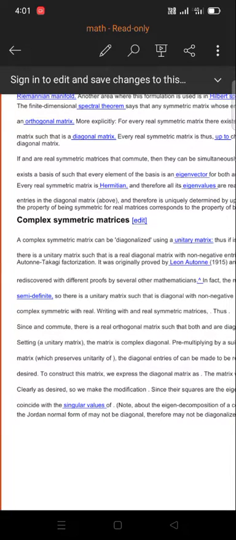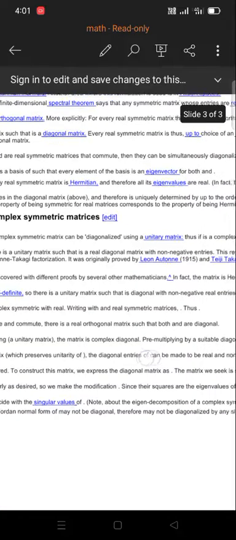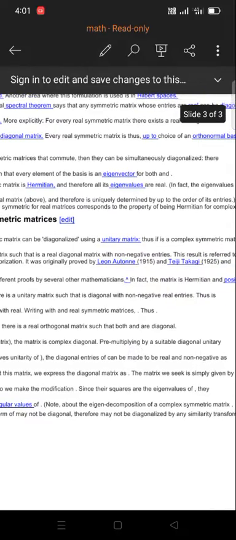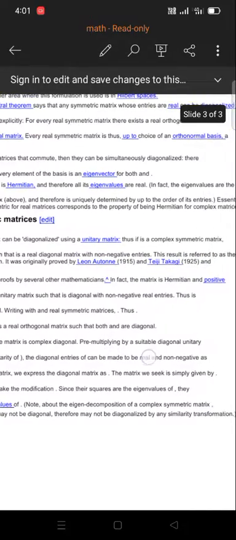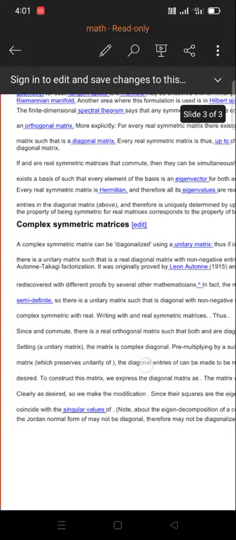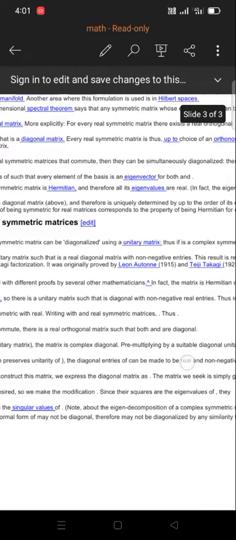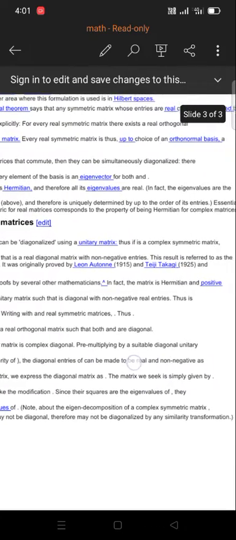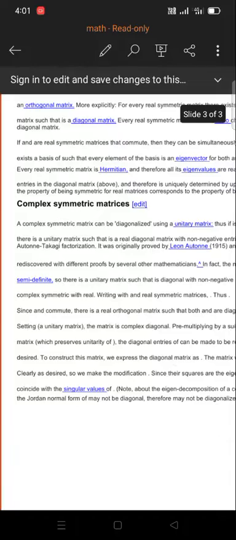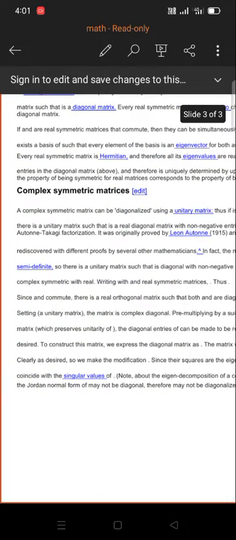A complex symmetric matrix can be diagonalized using a unitary matrix. Thus, if A is a complex symmetric matrix, there is a unitary matrix U such that U A U transpose is a real diagonal matrix with non-negative entries. This result is referred to as the Autonne-Takagi factorization.